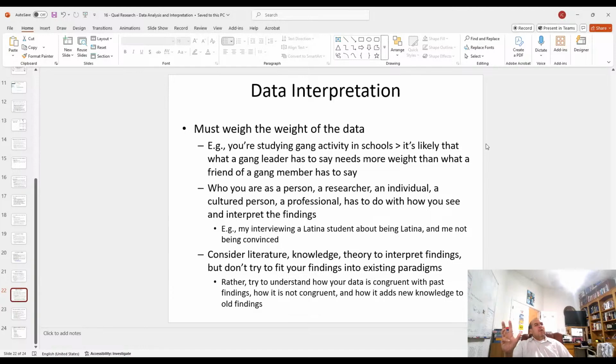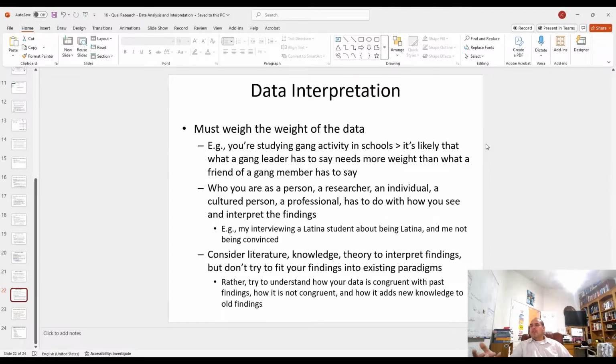Who are you as a person, researcher, individual, cultured person, professional? It has a lot to do with how you interpret the findings, right? Back to this issue of gangs: if you grew up among gangs, and gang members were your neighbors, and they weren't trying to harm you in any way, then you may not look negatively upon gang members.